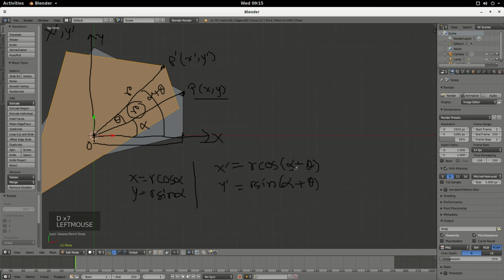Okay. Now what we're going to do is expand this because we don't want to deal with alpha, we don't want to deal with R. They were not there to start with. So we want to remove them from the picture. Do we know how to expand this thing? Cos A plus B. Help me out here. What's the formula for cos alpha plus theta?